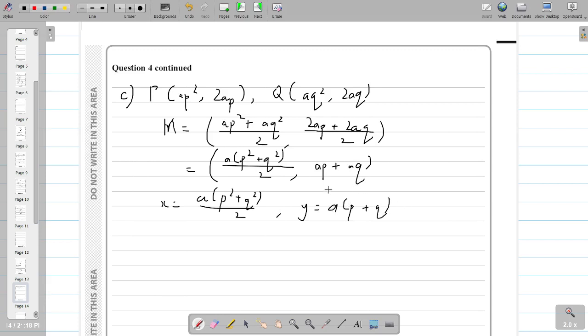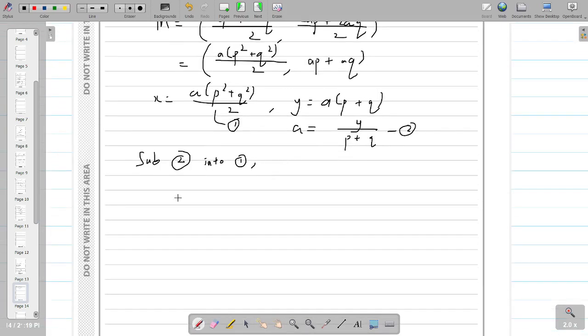So let's say we want to substitute A for something. So A, in this case, is going to be equal to Y over P plus Q. So let's say we call this equation 1, 2. So we sub 2 into 1. So we're going to get X is equal to Y over P plus Q. All right, let's just move the 2 up, multiply both sides by 2. 2X is equal to Y over P plus Q times P squared plus Q squared.